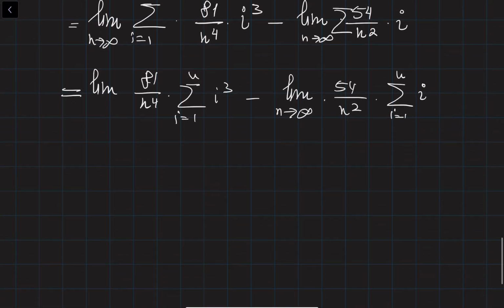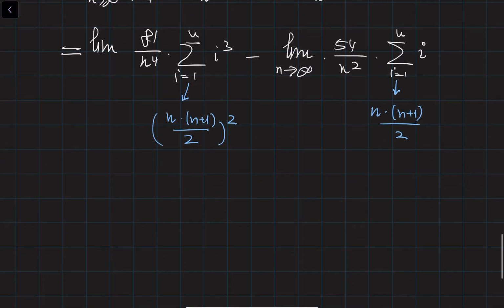And if you remember, in the beginning I gave you the formula for the summation of i from 1 to n. It is n times (n plus 1) divided by 2. While the summation of i cube is going to be n times (n plus 1) divided by 2, squared. Well, we are obviously going to substitute this to here. So let's substitute. What we get is the limit of n goes to infinity.